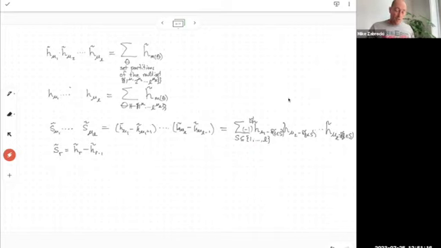And so what I want to say is that I claim that I have come up with a combinatorial interpretation for the following products: S mu1 tilde through S mu L tilde times S lambda.